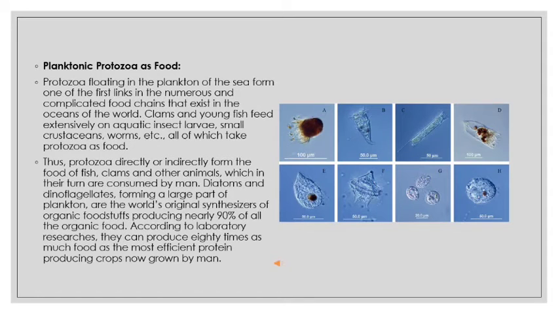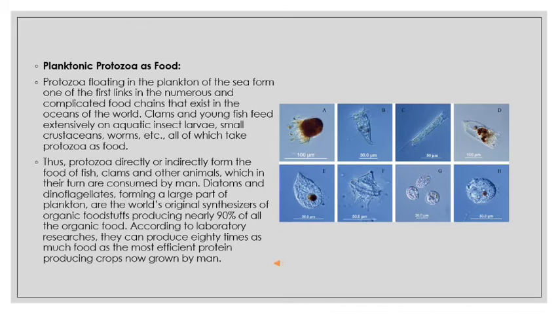Thank you. Now let's continue to planktonic protozoa as food. First, protozoa floating in the plankton of the sea form one of the first links to the numerous and complicated food chains that exist in the oceans of the world. Some young fish feed extensively on aquatic insect larvae, small crustaceans, and worms, all of which take protozoa as food. Second, thus, protozoa directly or indirectly form the food of fish, clams, and other animals, which in turn are consumed by man.